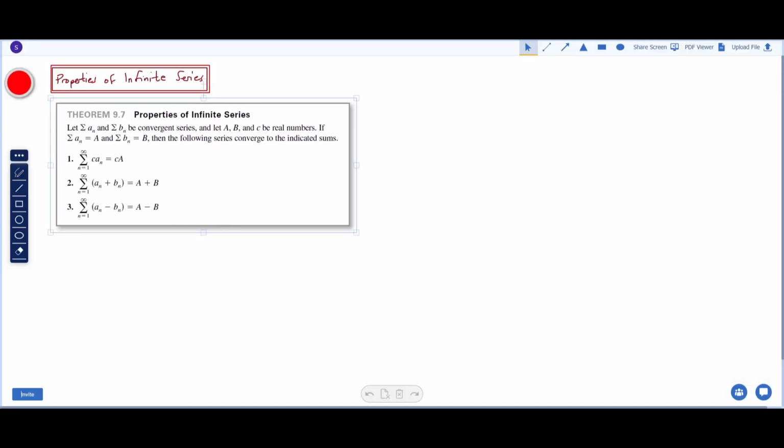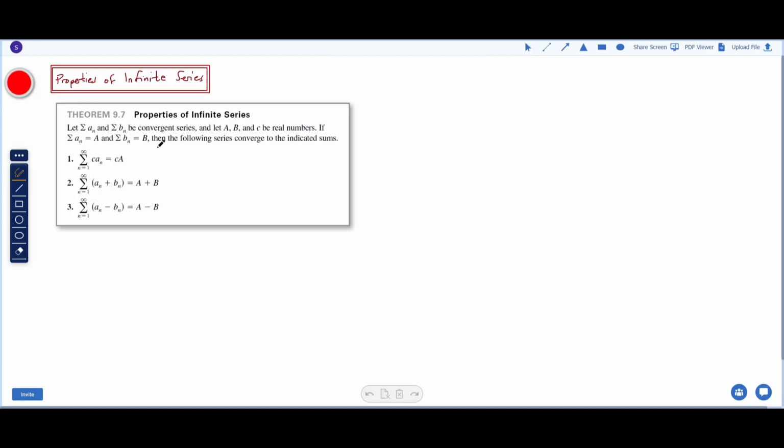Right, so here's the first list of our properties. It's similar to the properties that you have with integrals. If you have a constant multiple of a sub n and you take its sum, well, then it converges, if it converges, to c times A.